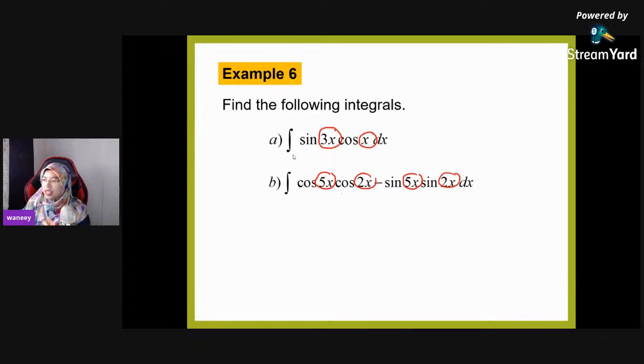Apa nak kata? Okay je Miss panggil nak. Okay. Oh, by the way, has everyone key in their attendance? Don't forget to key in your attendance.